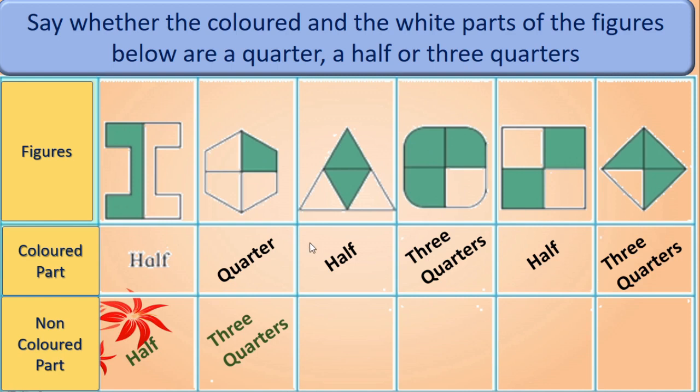Right? This is half means rest is half. Here 3. Only 1 part is not colored. So what? Here 2 parts are not colored out of 4. So half. Here only 1 part is not colored. Again quarter. Correct? Very good. You can try this from your textbook also.